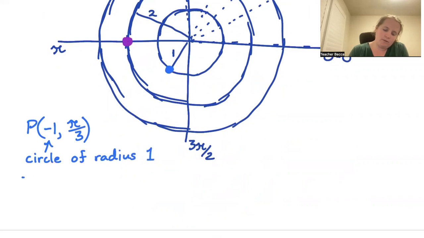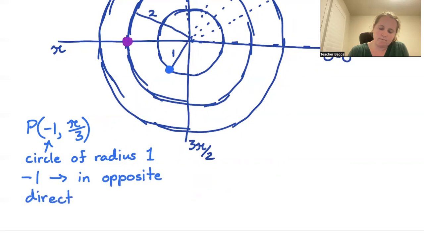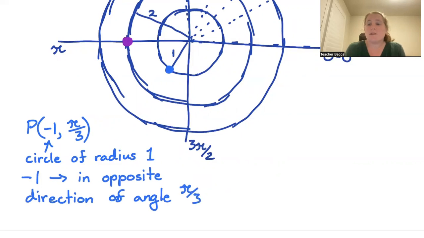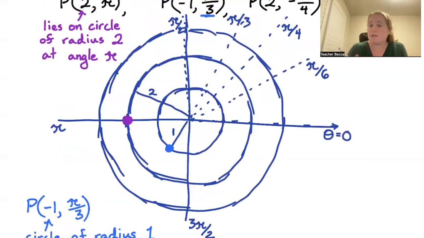The -1 implies that we go in the opposite direction of angle pi over 3. So it is possible to have a negative radius. It simply means that we go in the opposite direction from what the angle would usually tell us.